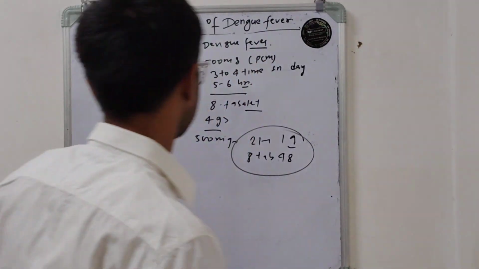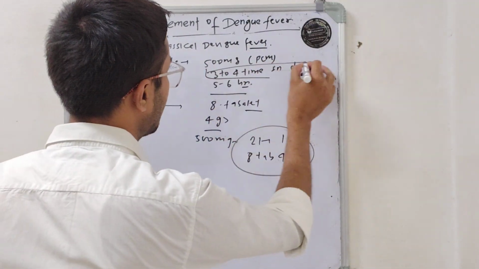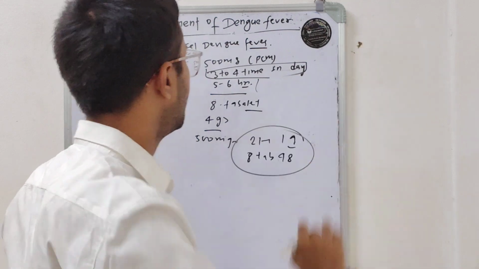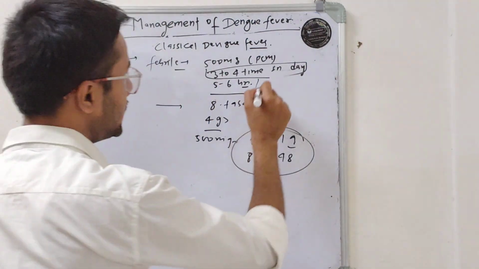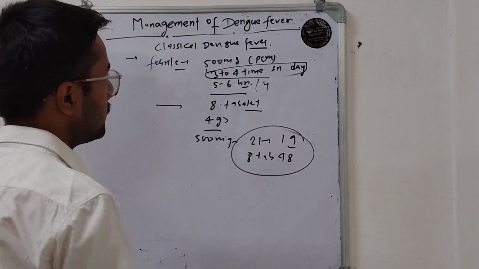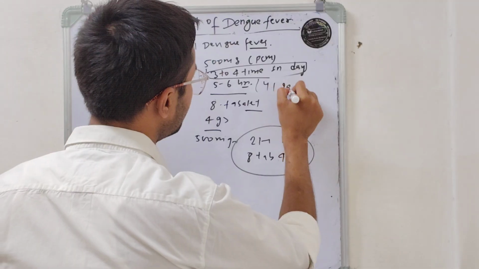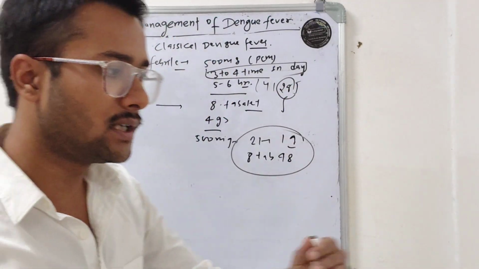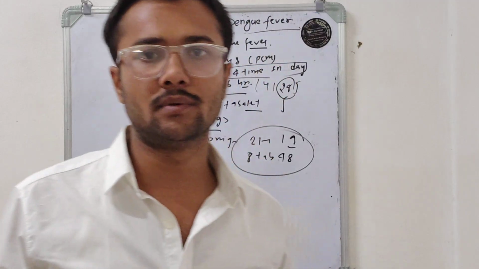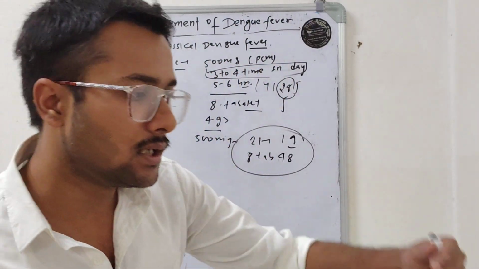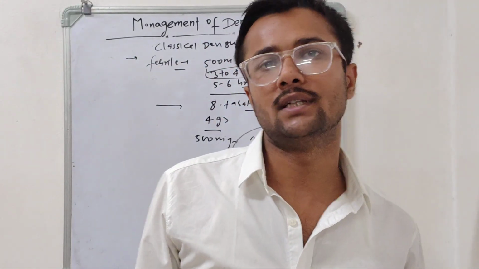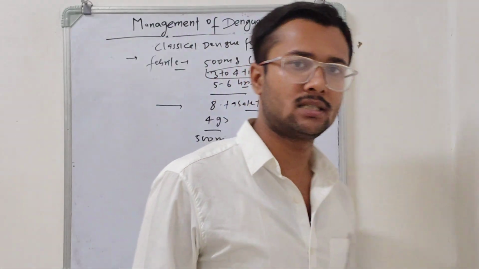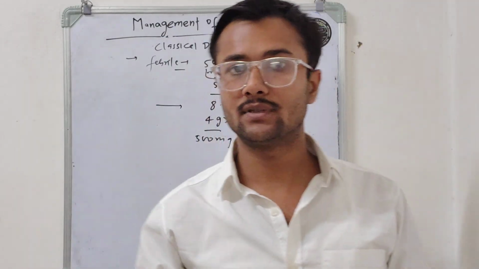If giving paracetamol 3 to 4 times in a day, what is the quantity you give? If we take the higher limit, that is 4 tablets, that means you give 2 grams. Even after giving 2 grams of paracetamol, if the patient still has fever again, then we add 1 or 2 more tablets, but we give a maximum of 8 tablets.